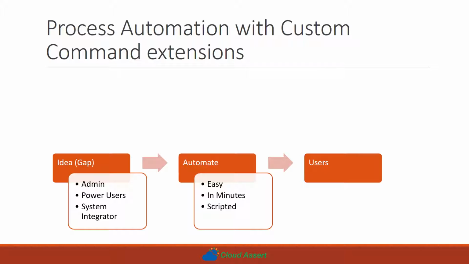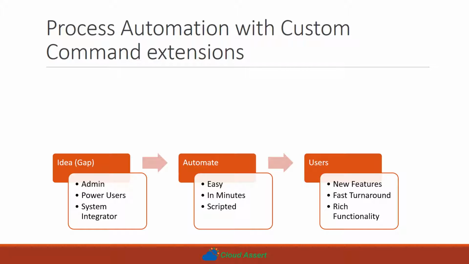Once it's automated, it should reach the end users pretty quickly, so they can leverage the new features within a day, within a few minutes, instead of waiting for several months. So there is a faster turnaround. And over the period, the self-service portal and the private hybrid cloud platform becomes richer with functionality because more ideas are spun, the gaps are addressed, everything is automated, and everything is self-serviced for the end users.